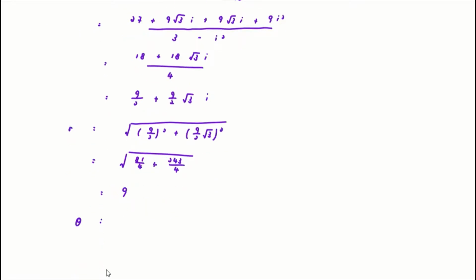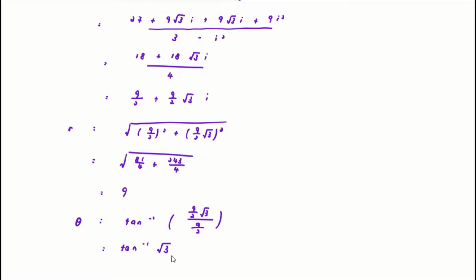Alright, so I hope that I still remember how to do that. Yes, so shift tangent, tangent inverse. The y part is 9 over 2 square root 3, over the x part, which is 9 over 2. So from here, we'll be able to get inverse tangent of square root 3.